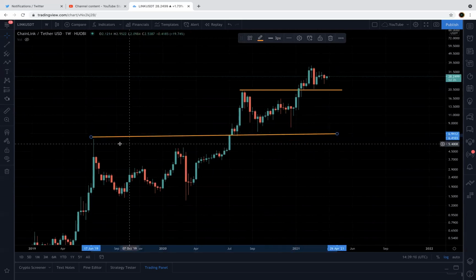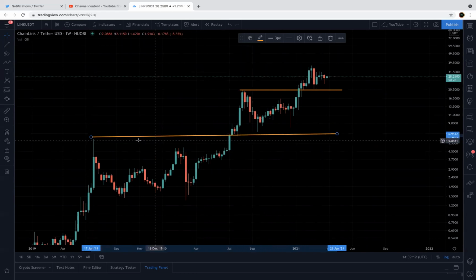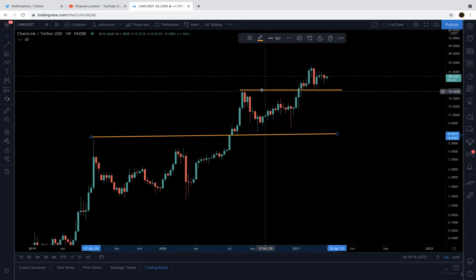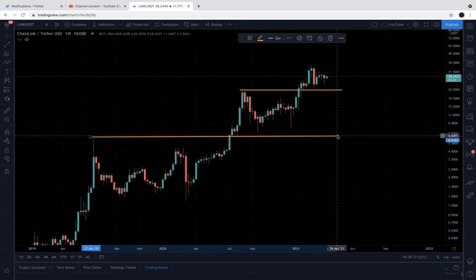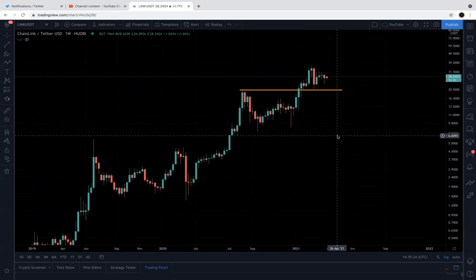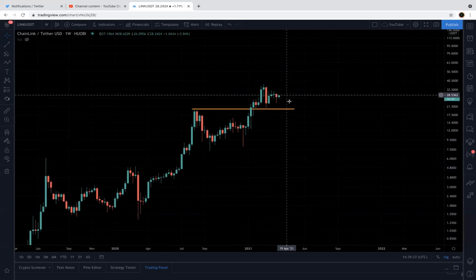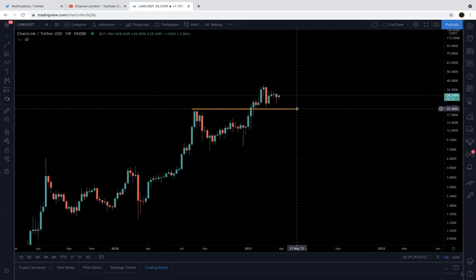Look at that. Even in this correction, it was able to maintain this high, and in this correction, it was able to maintain this high. So LINK is definitely creating a very definite pattern here. If we build on top of it, this becomes a major support, of course.